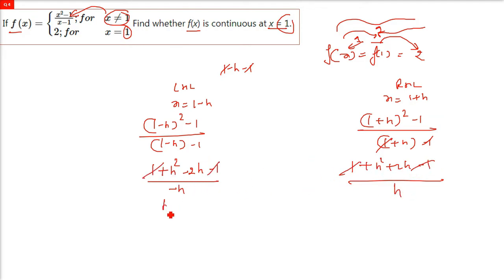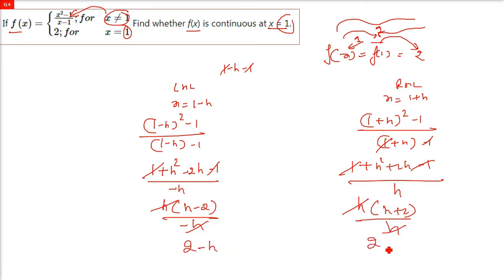This is h minus 2. I am taking h outside. Here also I am taking h common, so it will be h plus 2. The h can get cancelled. Now negative I am taking up in the numerator, so 2 minus h. Here 2 plus h. Now apply the limit, h tends to 0, so this will be 2 on both sides.